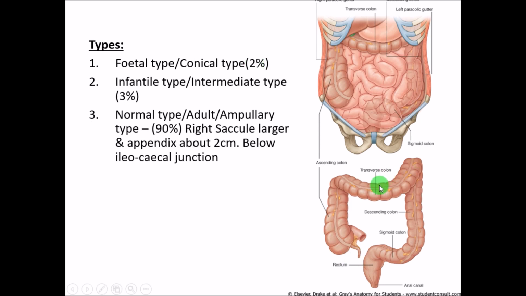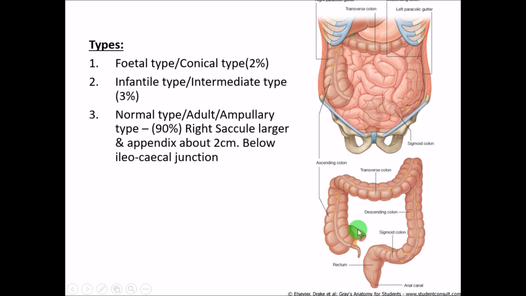The normal type is what you see here, the adult type, also called the ampullary type, where it is present in almost 90% of the cases. Here the right sacculation is larger compared to the left, and the appendix is almost 2 centimeters below the ileocecal junction.